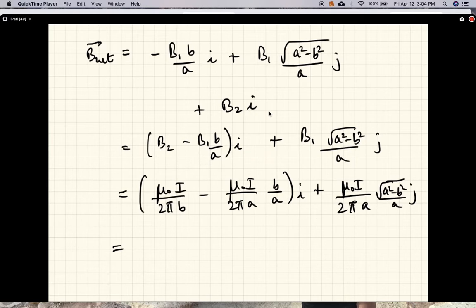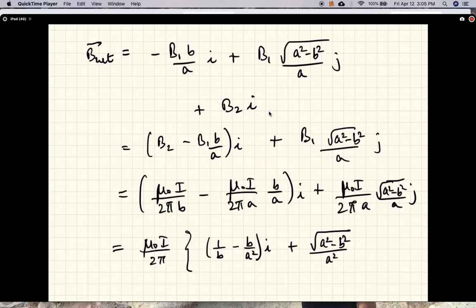We'll pull out mu naught I over 2 pi, the common factor. The first term is 1 over B minus B over A square, i, plus square root of A square minus B square over A square, j.